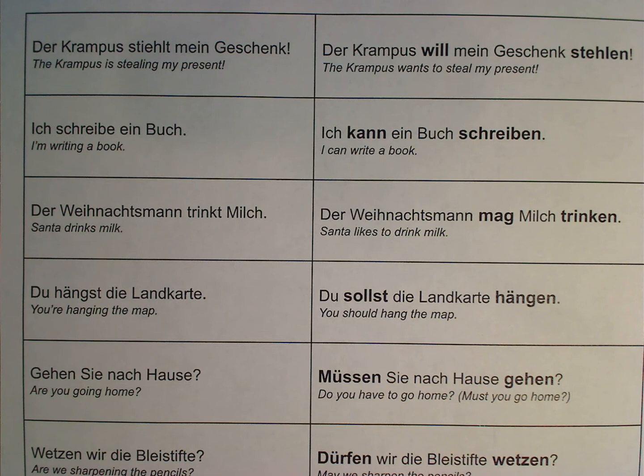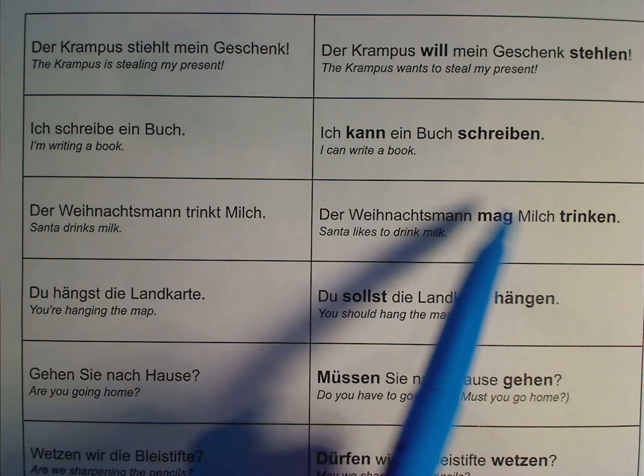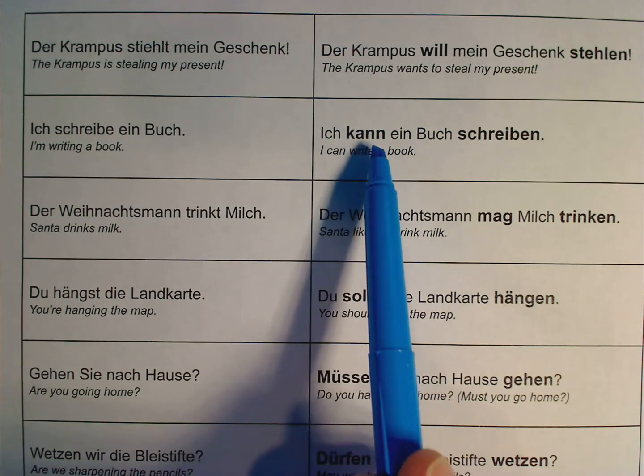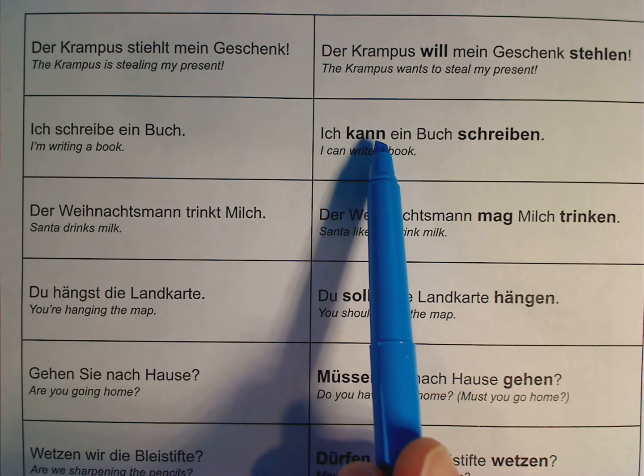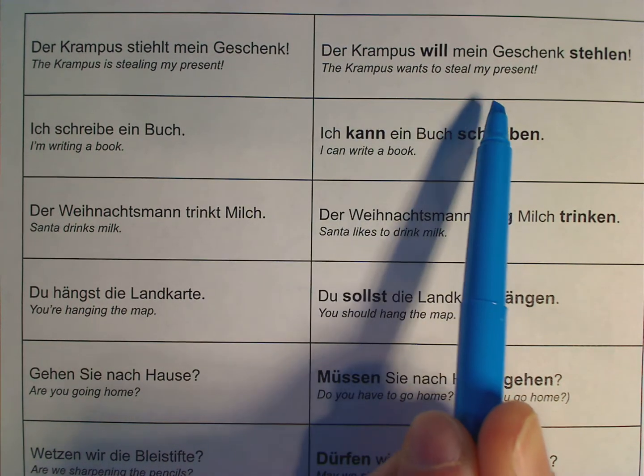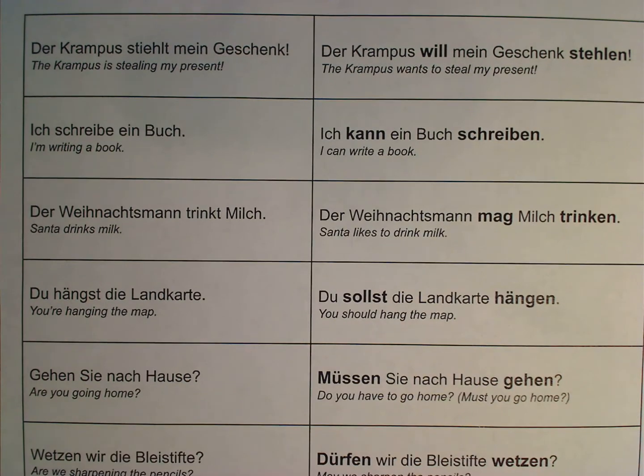Ich schreibe ein Buch. I'm writing a book. Let's inject the verb können into that and make it I can write a book. Ich kann ein Buch schreiben. Now notice, with this sentence, they injected the modal, and the other verb, schreiben, was unconjugated and thrown to the end. Let's look at that again.